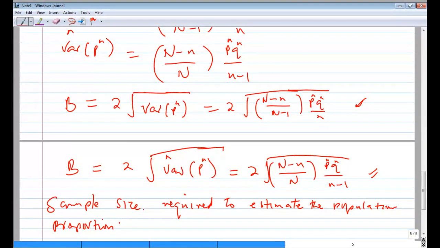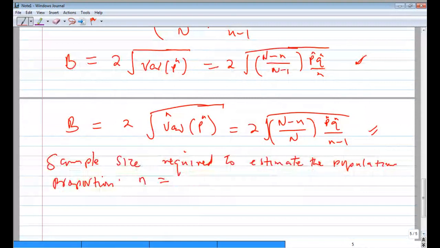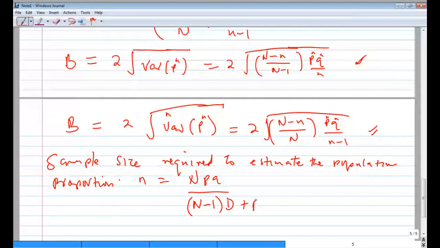So we use this formula: n is equal to N p q divided by (N minus 1) times D plus p q, and D represents B squared over 4, and q is equal to 1 minus p.